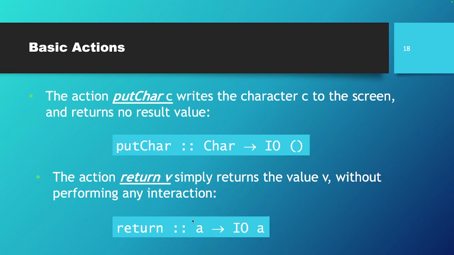It takes an A and gives me back an A in the context. Sometimes your method will expect an IO A and you only have an A, so you'll need to send it out like that with return.